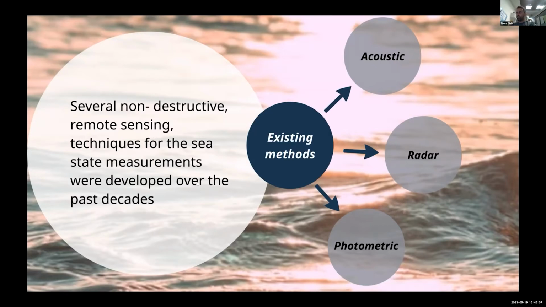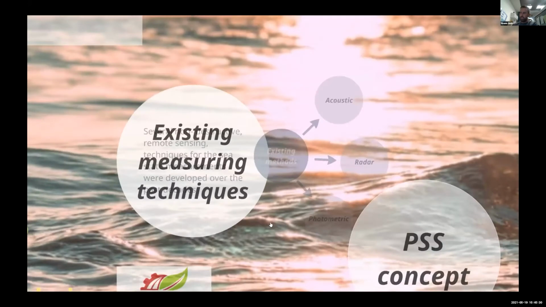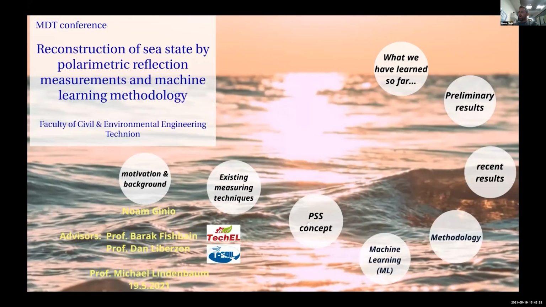And in the photometric, we can find stereo imaging and LIDAR, which all suffer from significant limitations due to cost of operation and some inaccuracies in the measurements, and therefore the search for more techniques is still ongoing.